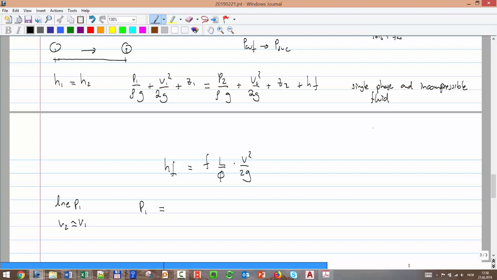So I get Z2 minus Z1 times density plus f L times, this goes away.